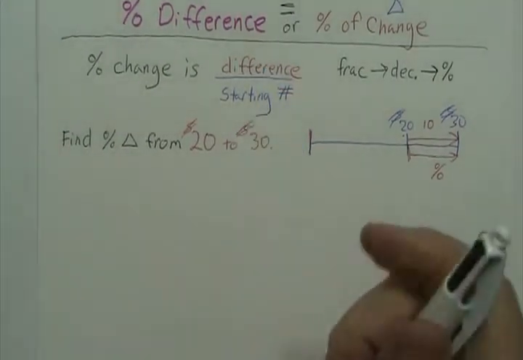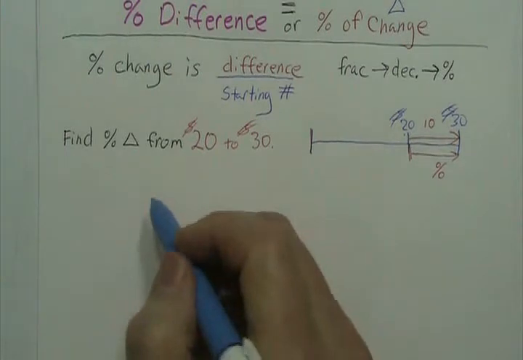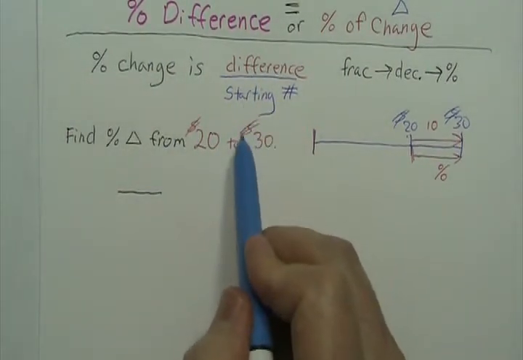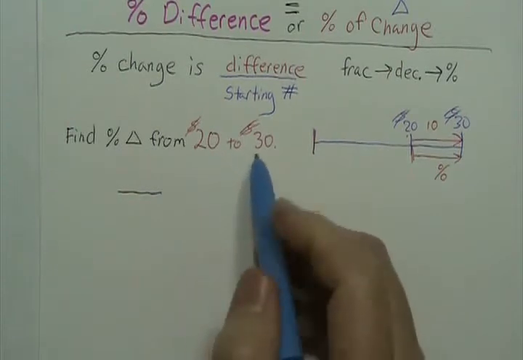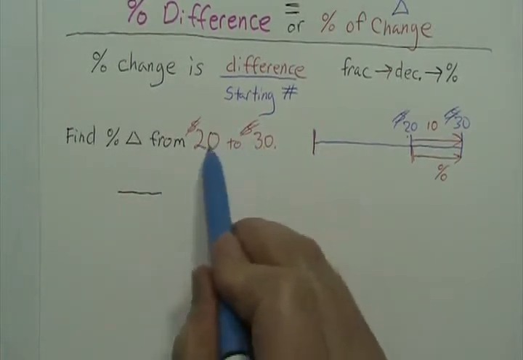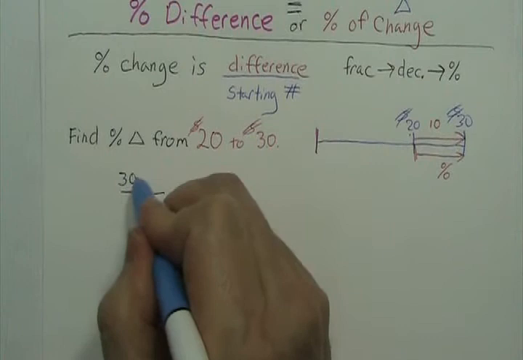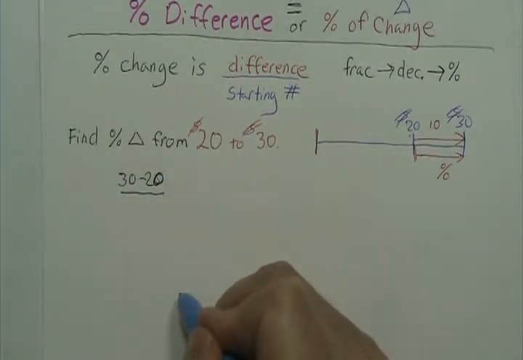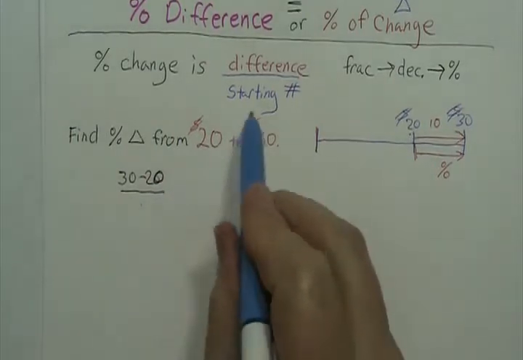So let's make our fraction. Okay, on top is the difference. Now I'll write this out even though you could see it. So it's basically the difference of these two numbers, which is just 30 minus 20, right? And then below here goes the starting number.